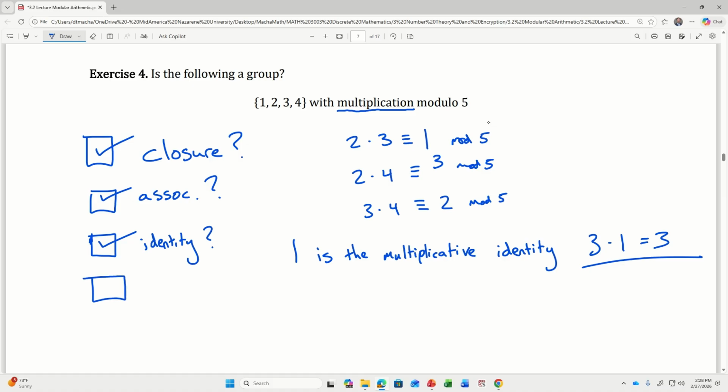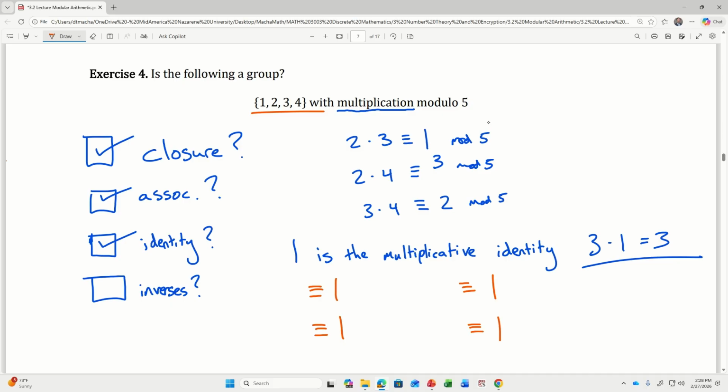The last thing I have to check to make sure this is a group is inverses. We need to make sure that every element in the set can be multiplied by either itself or another element to give you 1, because now 1 is my identity, not 0.